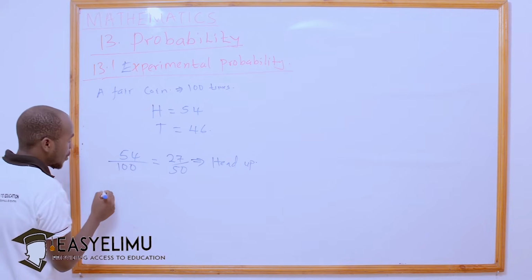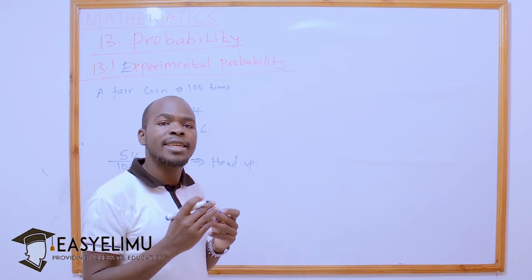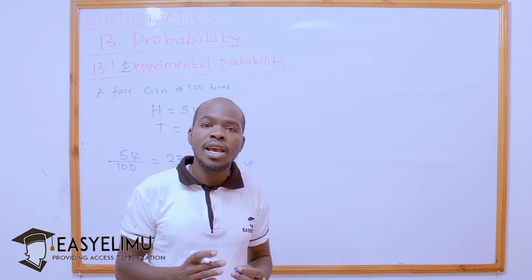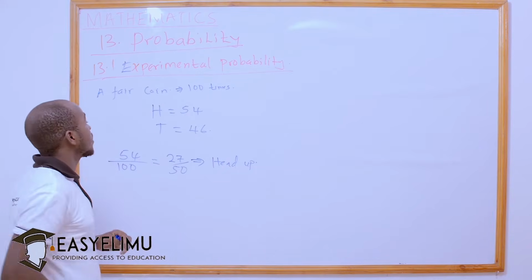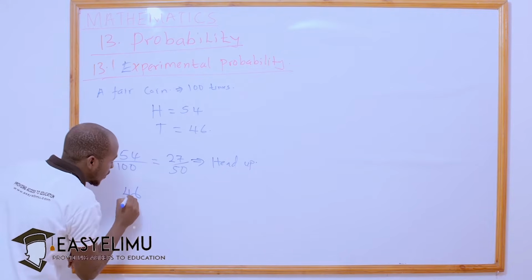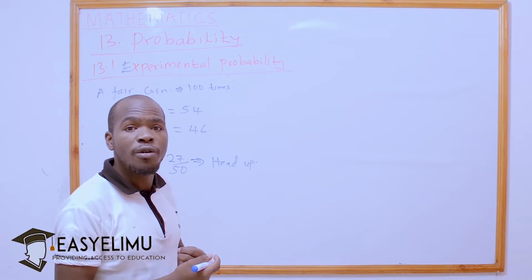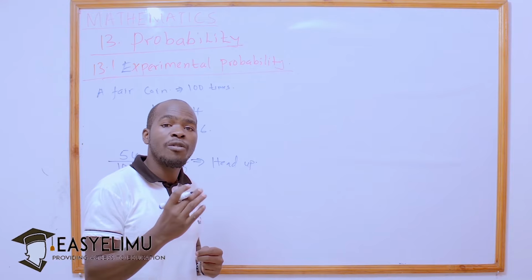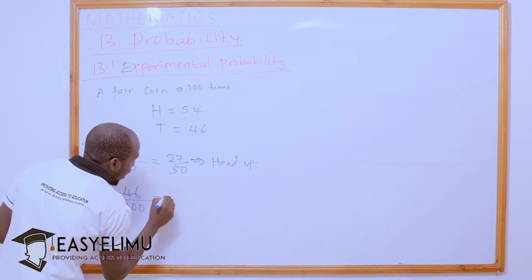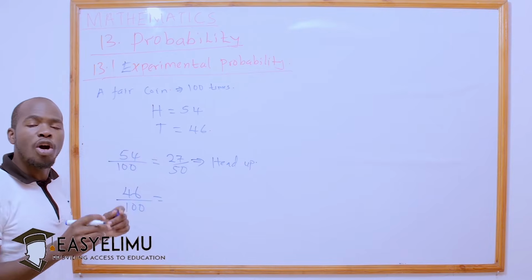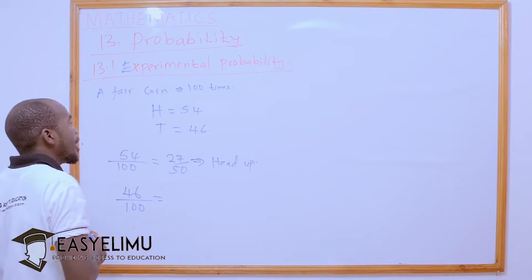So if you want the probability of getting a tail, then you will take the number of times that tail shows up within that tossing time, and you will find it is 46 times. So this is 46 times for the number of tails, and the total number of occurrences were 100. So you will divide by 100 and find the probability of getting a tail showing up if you toss a coin 100 times.